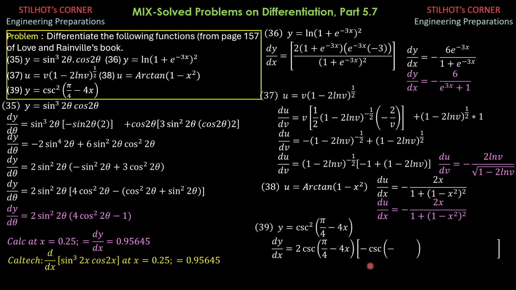Derivative of cosecant is negative cosecant pi over 4 minus 4x, cotangent of quantity pi over 4 minus 4x times negative 4, derivative of pi over 4 minus 4x. Simplifying, this is positive 8 cosecant square of pi over 4 minus 4x, cotangent of pi over 4 minus 4x.